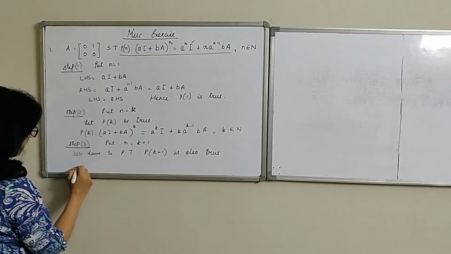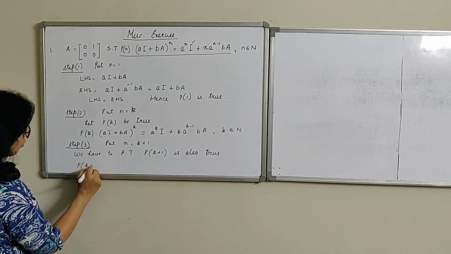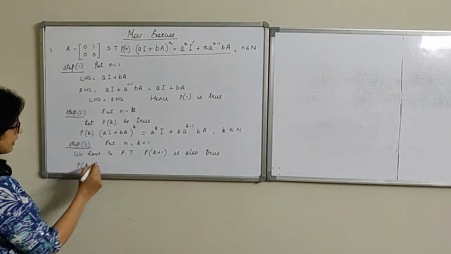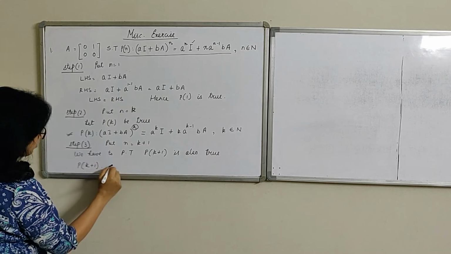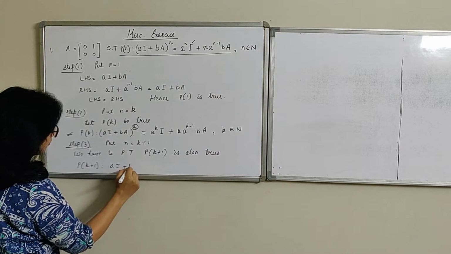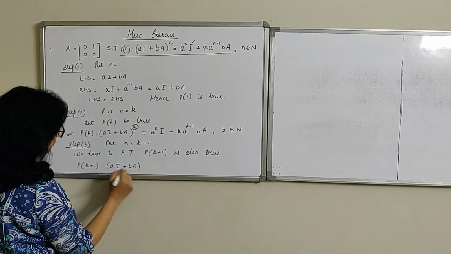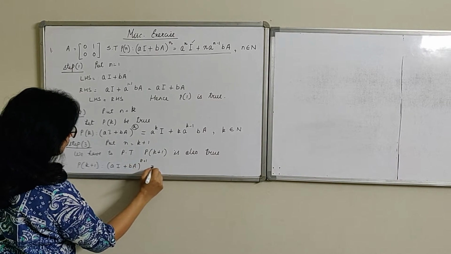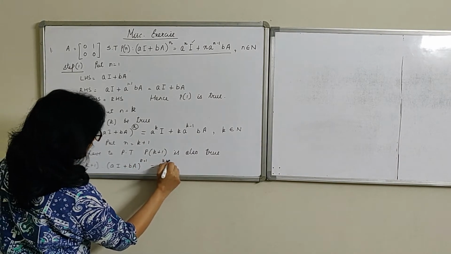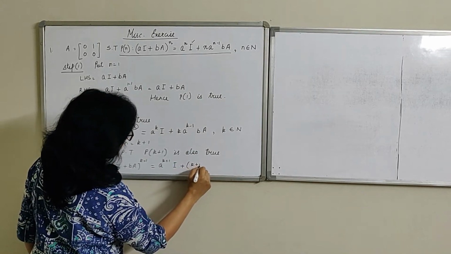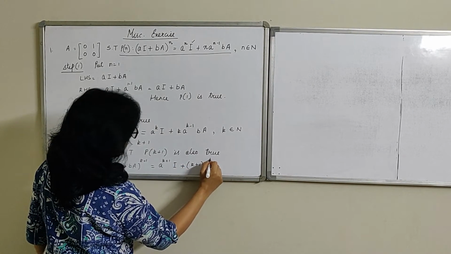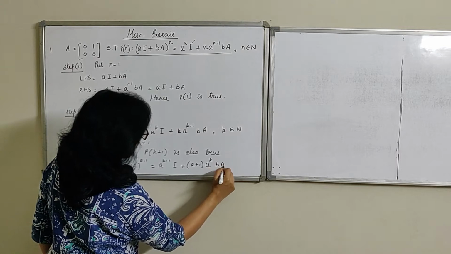Now to prove this statement, we also need to know what is the P(k+1) statement. So in this equation, replace k by k plus 1. The right side is (k plus 1) a to the power k b A.